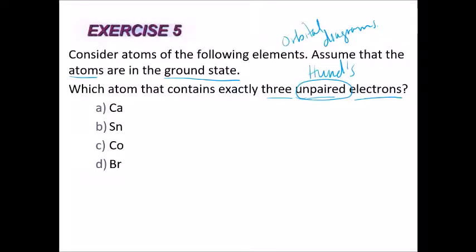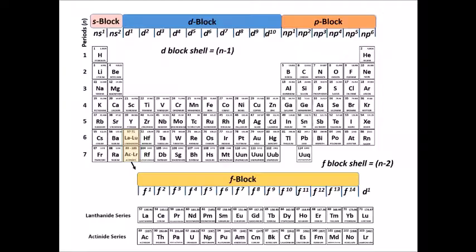But the periodic table is also very helpful. Let's look at the periodic table. And it said we have A was calcium, B was tin, C was cobalt, and D was, what was D? Bromine. All right. Now that I have my list of things to examine, I'm going to look at my periodic table. And the pairing and unpairing, is that going to be at the beginning, the middle, or the end of the configuration?